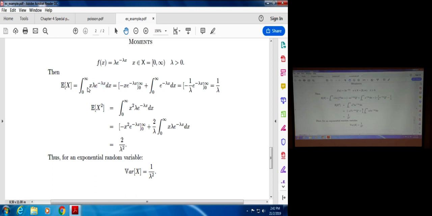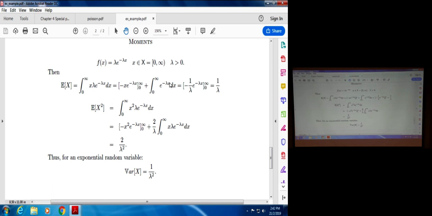Okay, so in this case, if I choose u as x, then I get x here. The derivative of x is 1, so I get it here. If I choose this as my dv by dx, then I get v, which is minus e to the minus lambda x, which I get there, minus, to get two minuses, so that's why this gets a plus here, e to the minus lambda x.